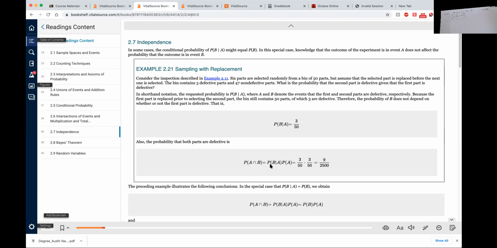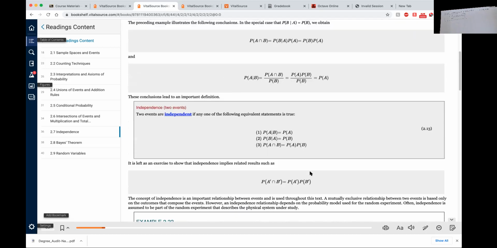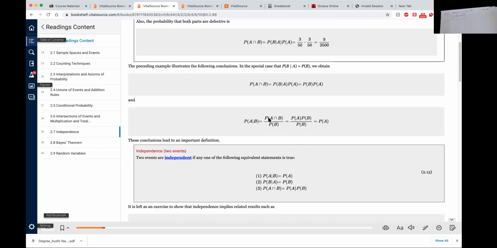But since replacement is allowed, the two events are completely independent, so P of B given A is just P of B. So 3 over 50 times 3 over 50 is 9 over 2,500. So P of A intersection B turns out to be P of B times P of A, because P of B given A turns out to be P of B.